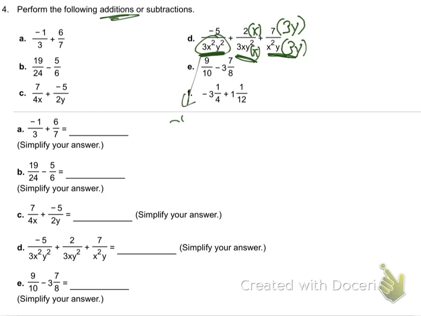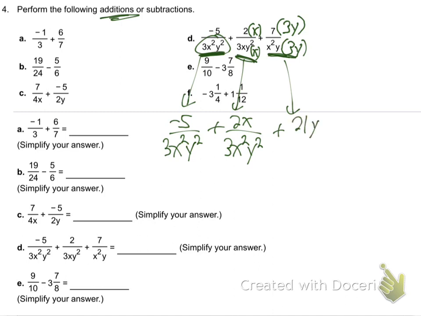So then that'll be negative 5 over 3x squared y squared, plus this one will be 2x over 3x squared y squared. And this one will be 21y over 3x squared y squared.